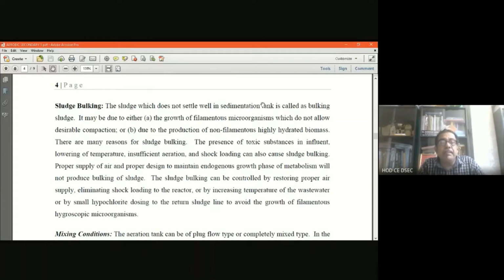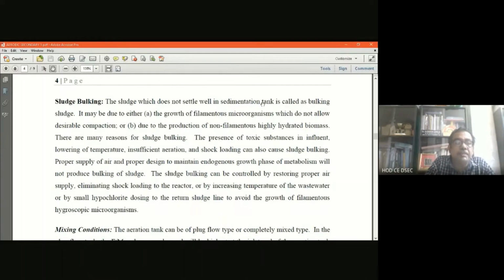Now, proper supply of air and proper design and maintenance of the endogenous growth phase of the metabolism, as we have discussed in the last lecture, will not produce bulking of sludge if it can be maintained. It can be controlled by restoring proper air supply, eliminating shock loading, increasing the temperature of the wastewater, and small hypochlorite, HOCl, dosing to the return sludge line to avoid growth of filamentous microorganisms.